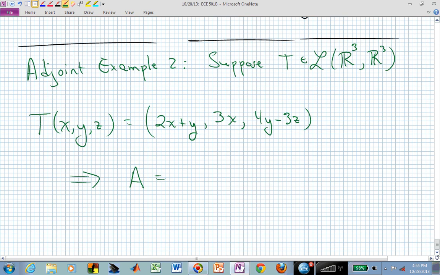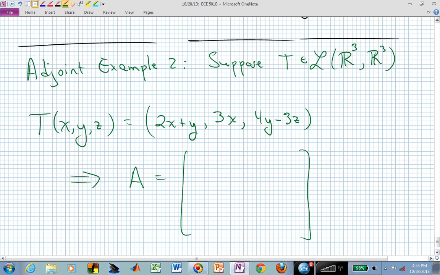I hope now it's pretty easy for you to quickly write down what the matrix representation of that linear map is. What are the dimensions of A? You better just be able to say what that is by looking at this T belonging to this set of linear maps from R3 to R3. So it's got to be square, and it's 3 by 3.